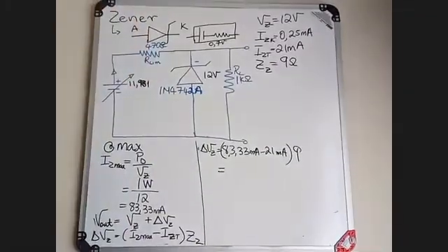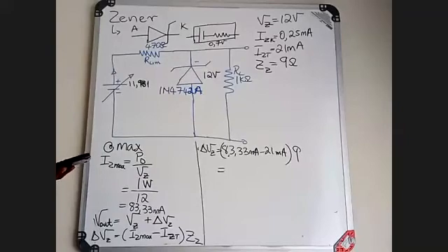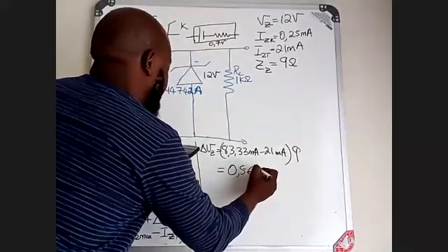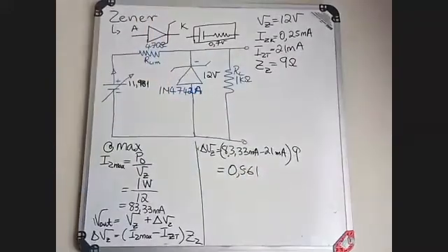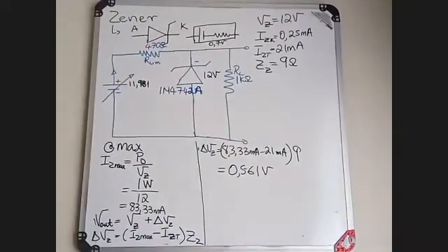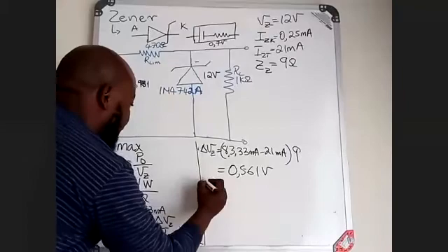So it is 83.33 milli minus 21 milli, multiplied by 9, which is 0.561 volts.